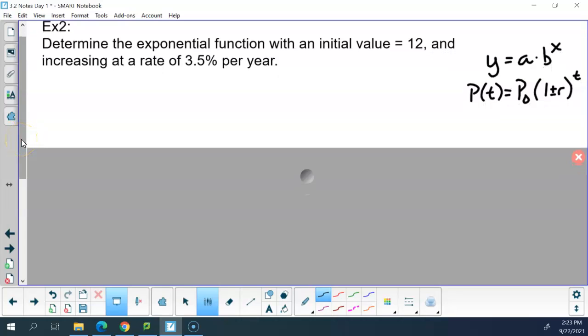What is our function? Initial value? 12. Are we growing or are we decaying? Growing, so that's plus. So what is my growth rate?